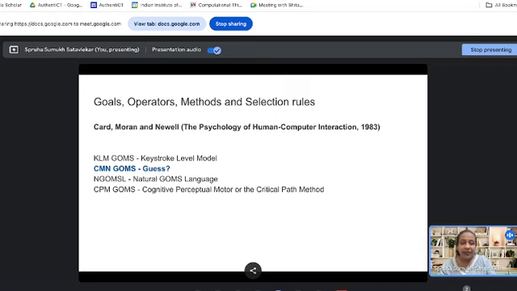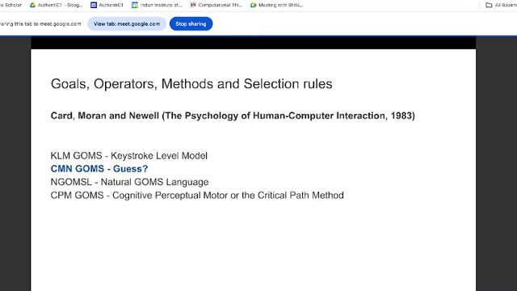There is CMN somewhere, which is very easy to identify. That's right, it's Card, Moran, and Newell, CMN. So this was the original GOMS model given by Card, Moran, and Newell.